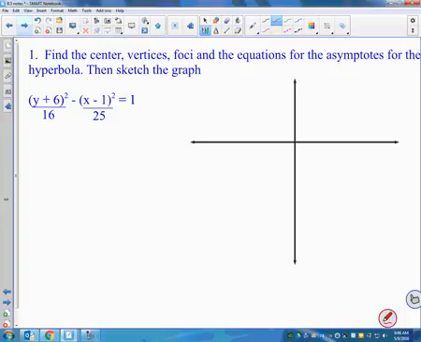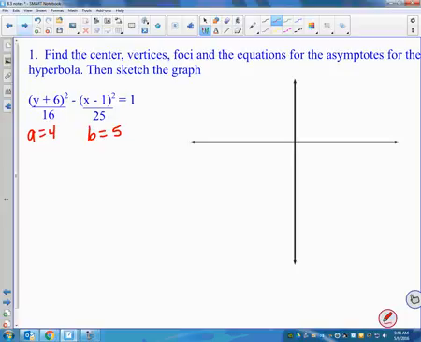So in this one, when I look at this and I see that Y is first, this is telling me that A is 4 and B is 5, because A is always the positive one. Remember, in an ellipse, sometimes A was listed second, and it didn't matter because you knew which one was A because it was the biggest.